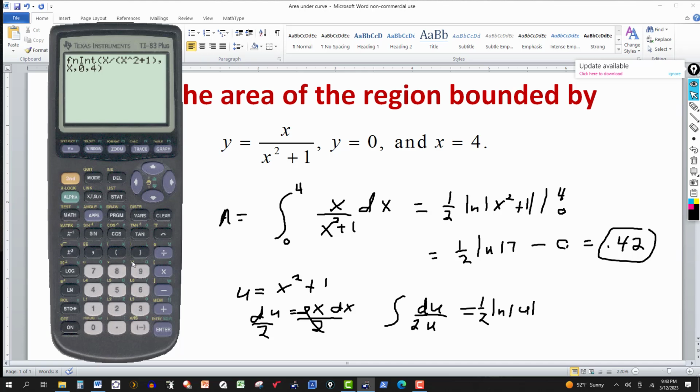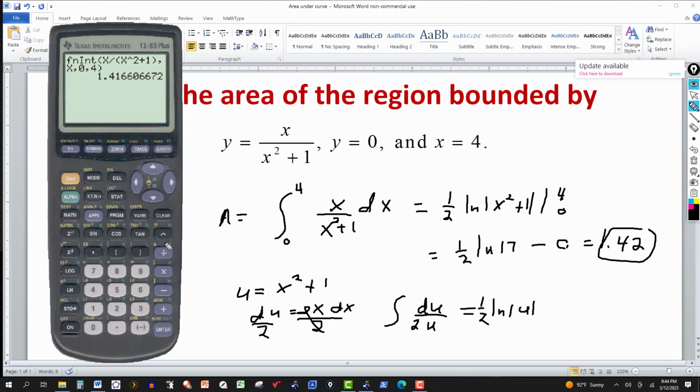And let's see if we get the same answer here. Of course, I just computed the natural log of 17 and divided that by 2. Hit enter. And we get 1.41. Run that out to 0.42. And I just left out the 1 there, 1.42.